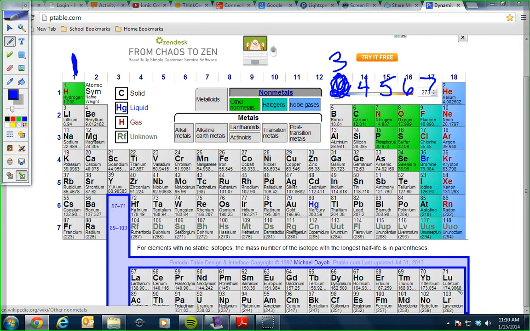So if you look at a periodic table, you need to be able to say hydrogen has 1 valence electron, boron has 3, carbon has 4. You need to be able to see how many valence electrons they start with.